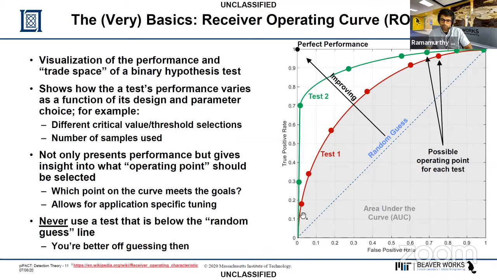As you change your test, the shape of the curve will also change. As you improve your test, you'll shoot up this curve very quickly, getting to some decent point where it looks like, oh, this is pretty good performance, but then it's very hard to move it into this corner, because this is where the threshold or the critical value is not going to have as much effect, because it's done most of its work here.